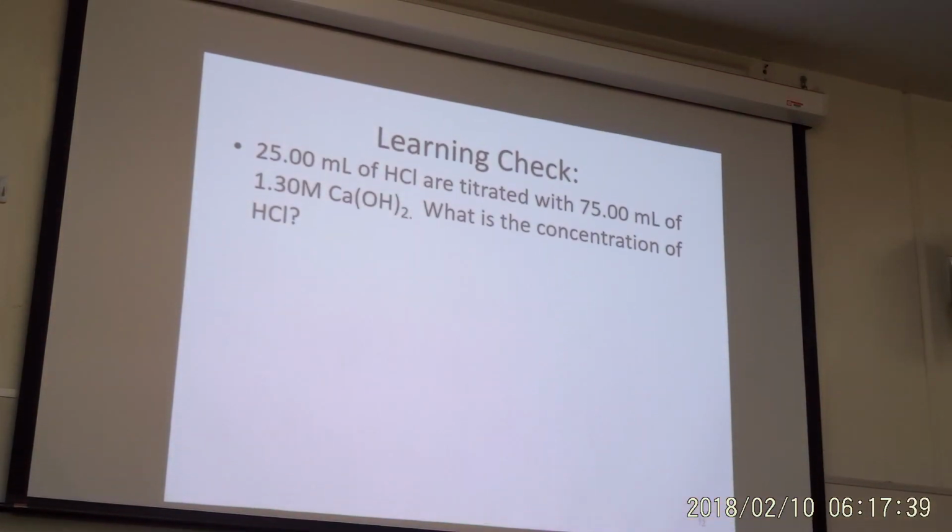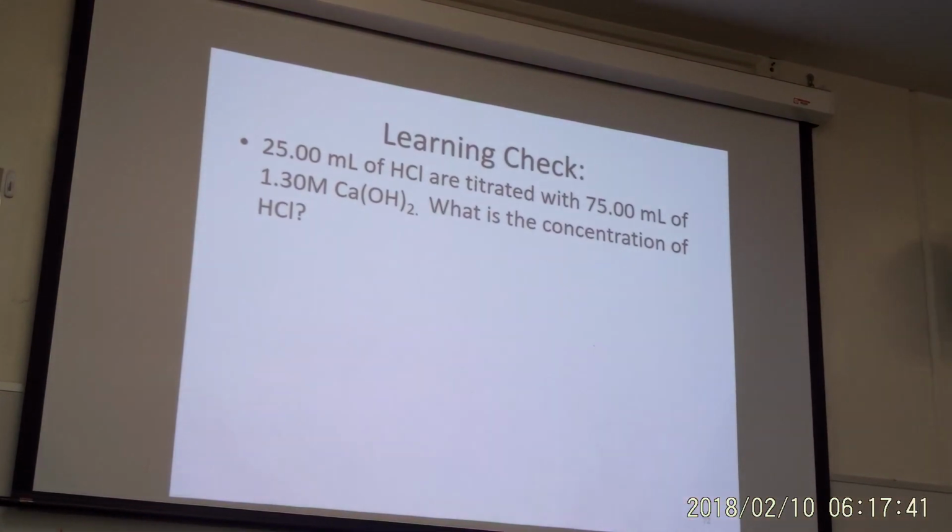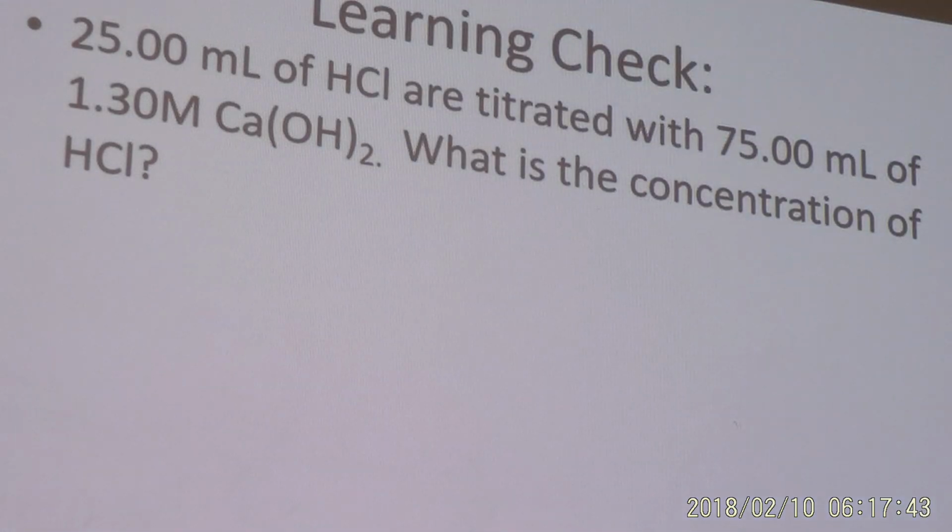Here it is. 25 milliliters of HCl is titrated with 75 milliliters of 1.3 molar calcium hydroxide. What is the concentration of the HCl?